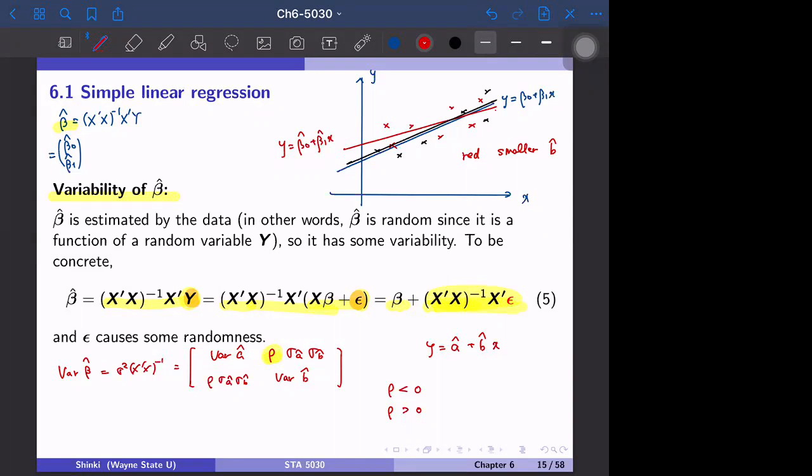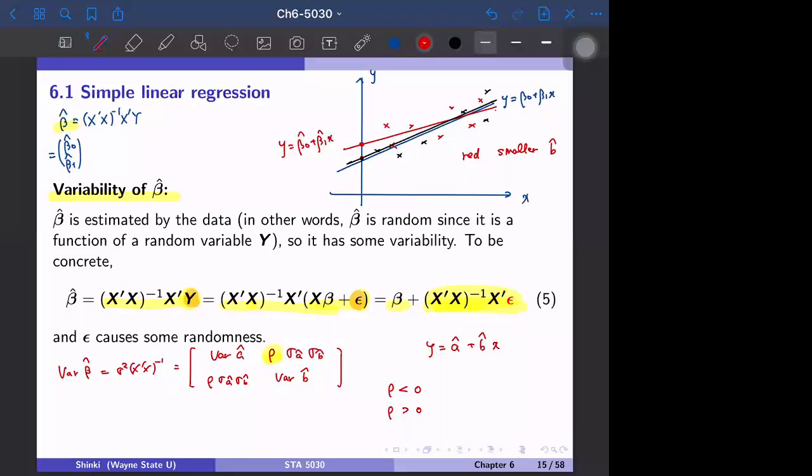And how about the intercept? You can see the red line has a larger intercept, because the data are mostly on the positive part. Actually, all points are for positive x. So if the slope is small, then the intercept gets larger, because if the straight line is steeper, then it goes down more when x is equal to 0.